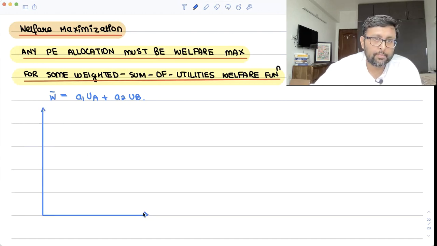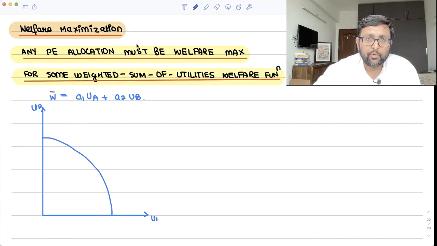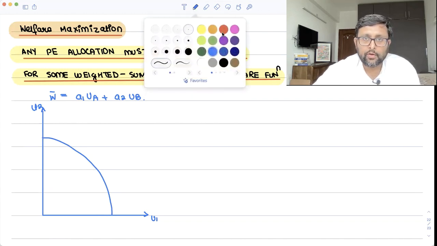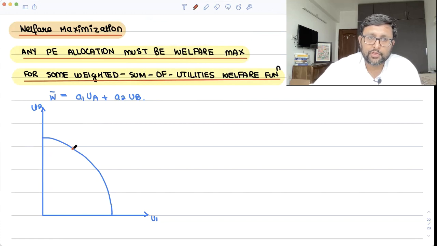so you have individual 1, you have individual 2's utility out here, and this is what the utility possibility set looks like, and this boundary is what is called the utility possibility frontier. Now all of these points are Pareto efficient, right?